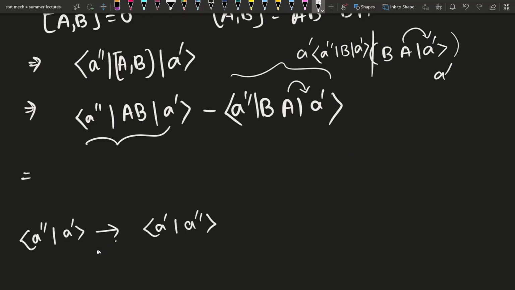Now we know the dual correspondence of this thing is this, right? This is the dual correspondence, meaning its dual is this. Then I can write this like this.